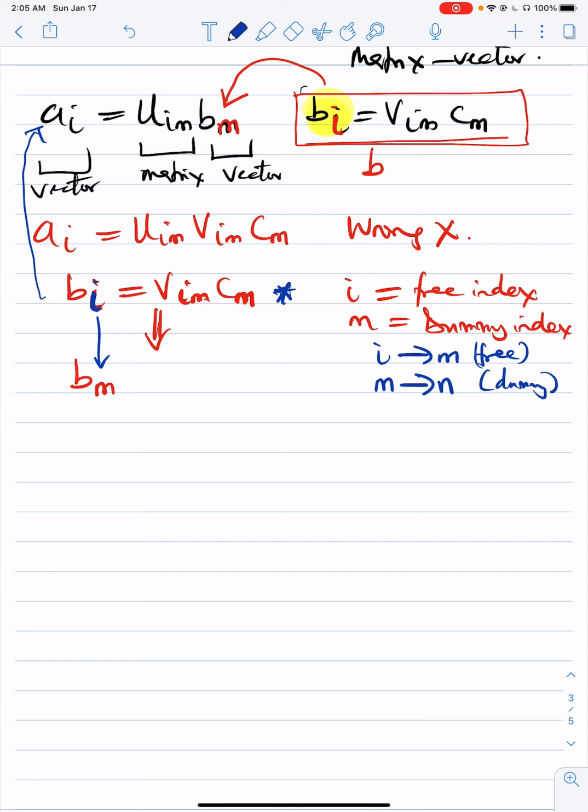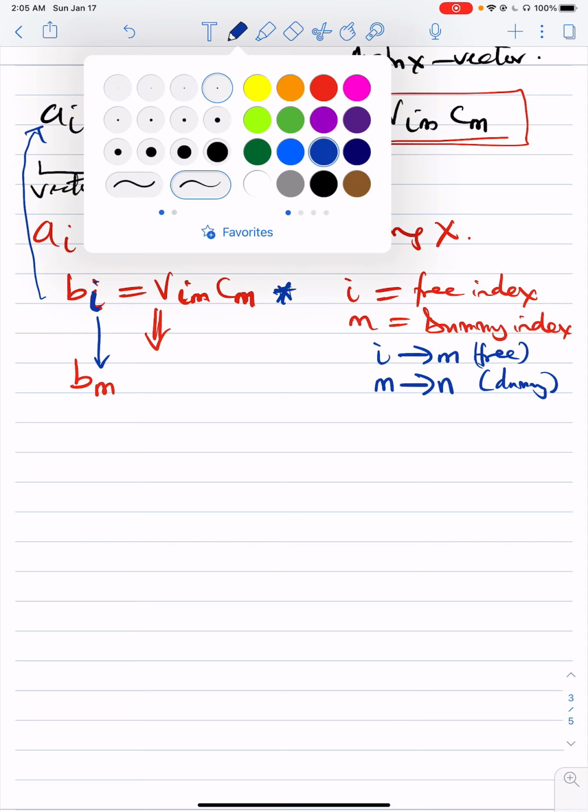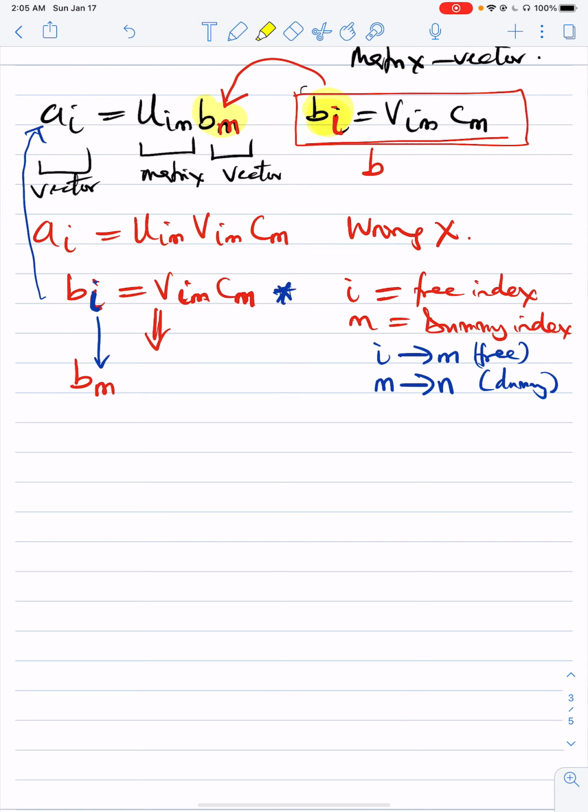So basically what I've just explained is the fact that we want to substitute B_i equals V_im C_m into A, right? Because by understanding, this B_m is the same as this too, right? But you cannot just substitute it without making a change to the index. So B_m becomes, this i has turned to m, so this i here now becomes m.